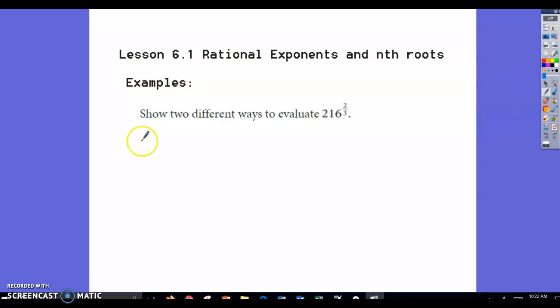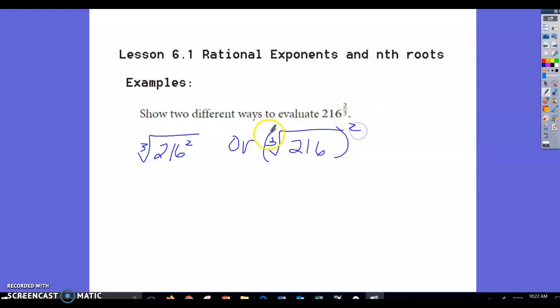We can write this as the cube root of 216 squared, or we can write it as the cube root of 216, put it in parentheses, and square it. So basically this is two different ways to write it, but it just tells you which order to do it. This one says we're going to square it first. This one says we're going to do the cube root first and then square it. But you can do it either way and you're still going to get the answer.